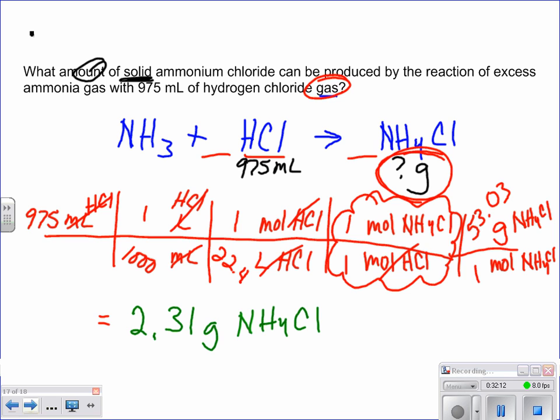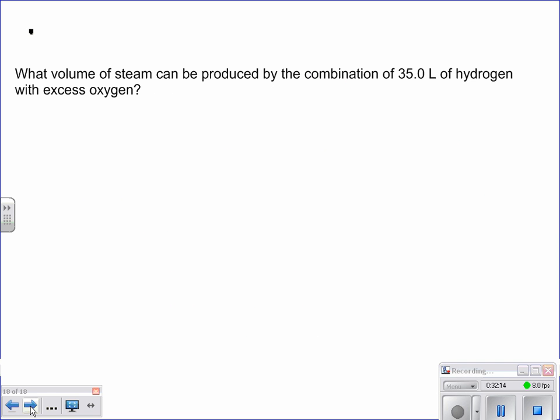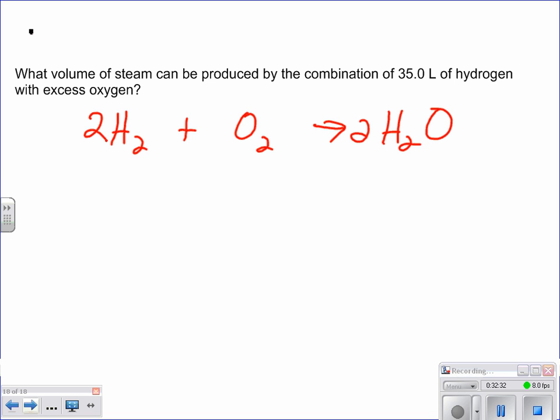Yay, last one. And for this last one, it says, what volume of steam can be produced by the combination of hydrogen and oxygen? So hydrogen plus oxygen yields steam, written as water. Balance it. Write the information down underneath.